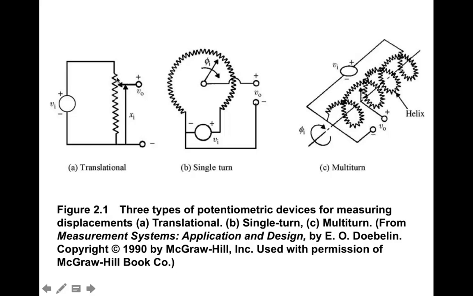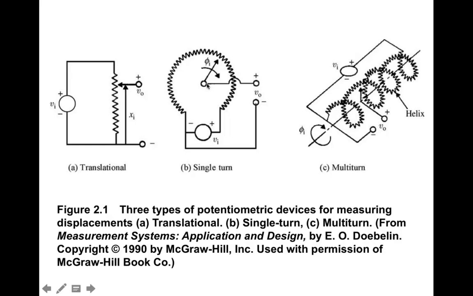As this slides up and down, it's basically creating a voltage divider. The amount of resistance at the divider output is changing, and it's directly proportional to the displacement, or to the distance x. So the change in resistance is proportional to the change in x.